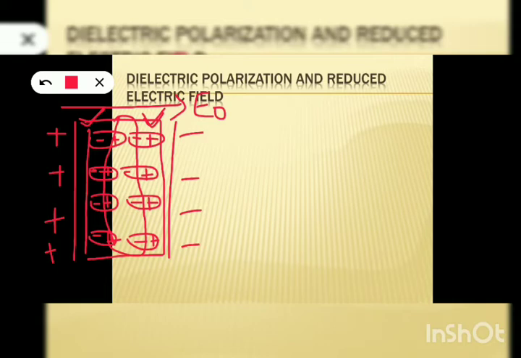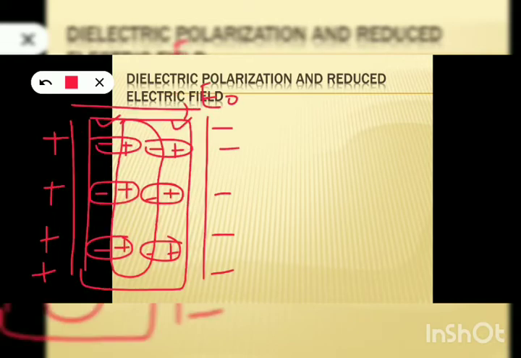So two equal and opposite charges are induced on two opposite faces of the dielectric under the influence of this external field E0. This phenomenon is known as polarization. So polarization of a dielectric is the process of inducing equal and opposite charges on the two opposite faces of the dielectric, and here an electric field is produced inside the dielectric and that will be along this direction.